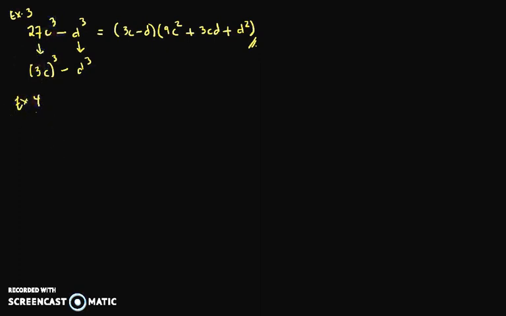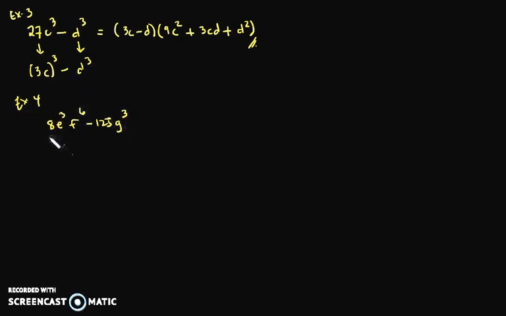Sample number 4. Okay, so I have here 8e cubed f raised to 6 minus 125g cubed. Okay, so how am I going to factor this?